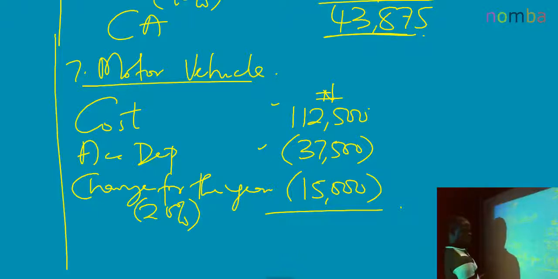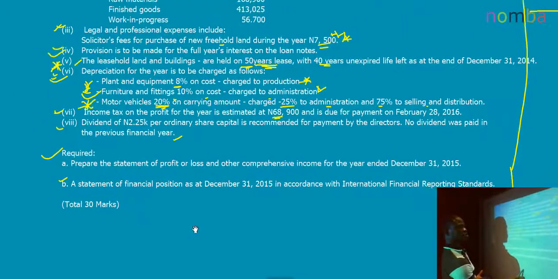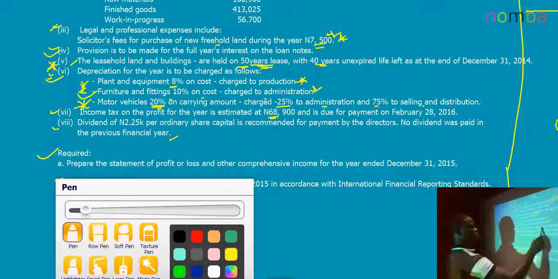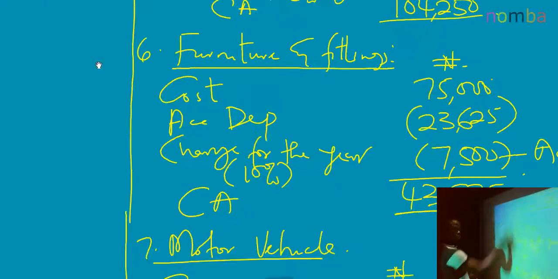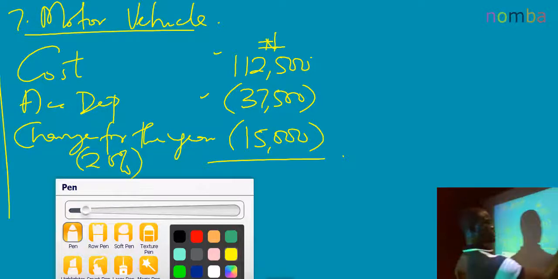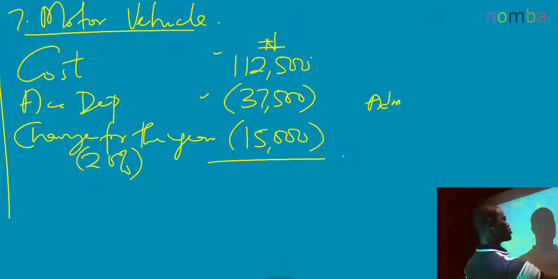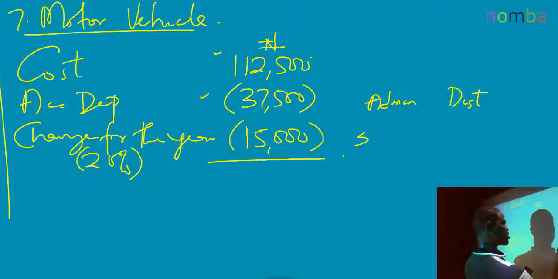Okay? And we were told that 25% should go to administration and 75% should go to selling. Yes. 25% to admin, 75% to selling. That's admin and distribution. So admin will take 25% of 15,000. And that's 3,750.